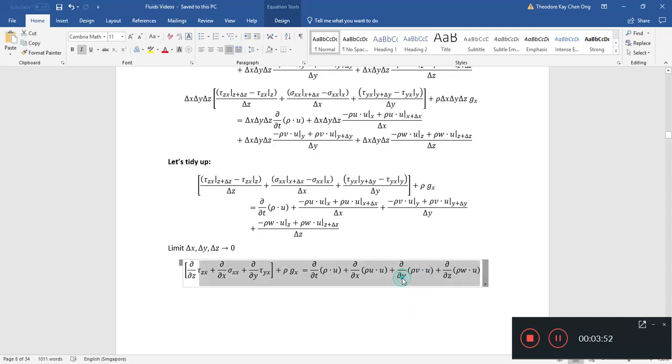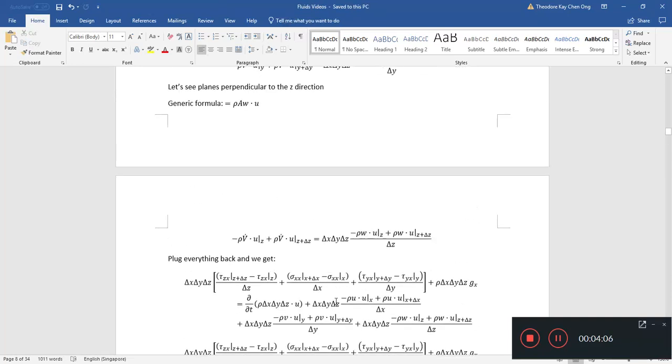Now we want to consider collapsing these. If you notice, this is actually the divergence. It looks something like a divergence, but inside it's kind of different.